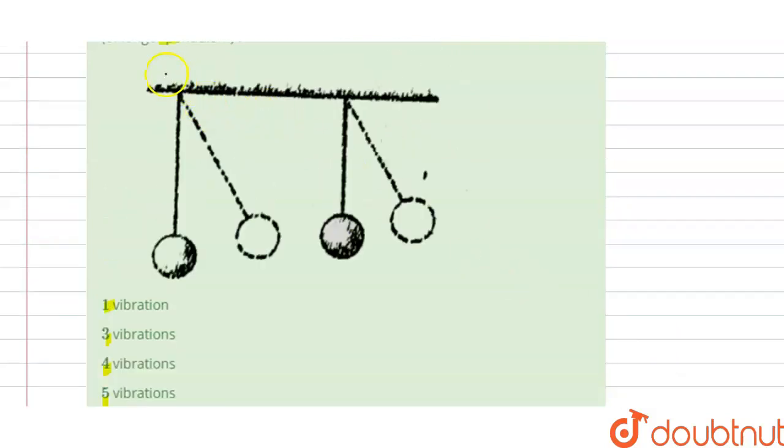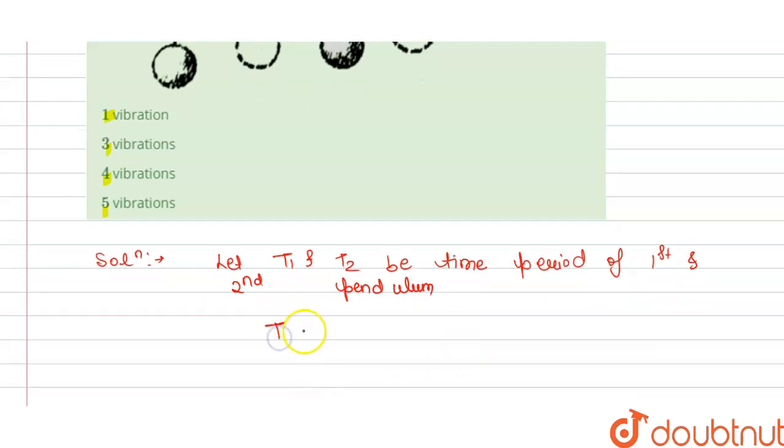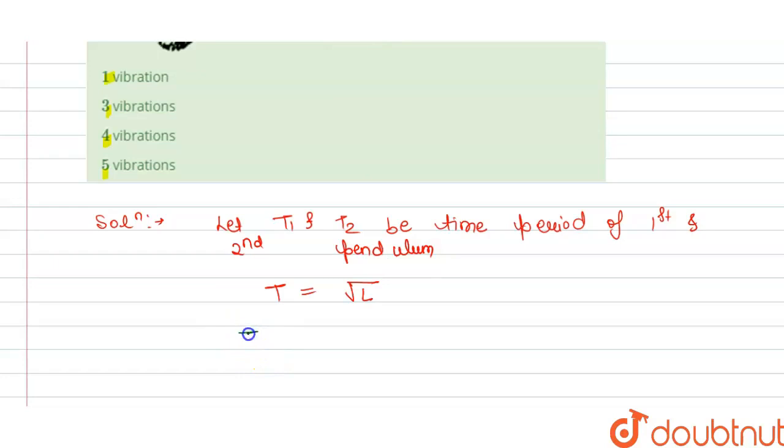So this is our first pendulum and this is our second pendulum. So we know that time period is equal to the square root of length, or we can say that it is directly proportional to the square root of length. So from this we get time period 1 divided by time period 2 is equal to the square root of length 1 divided by length 2.